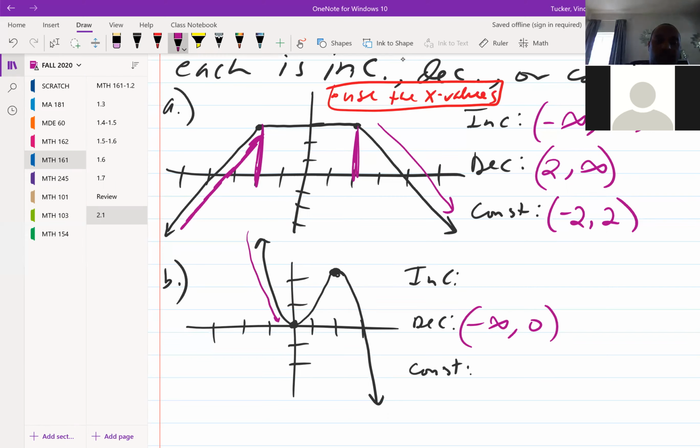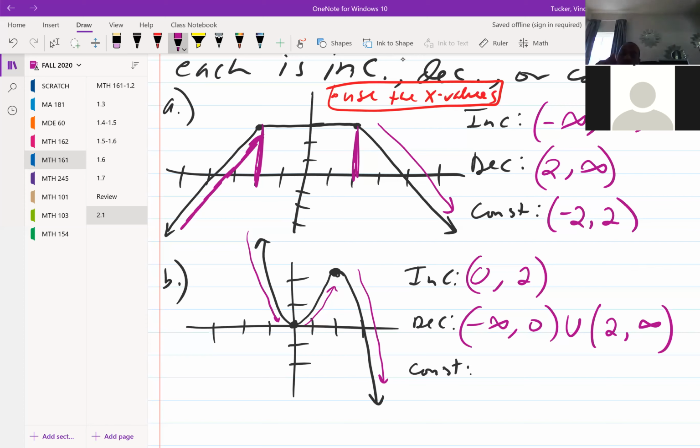Then I'm going up from 0 to 2, so that's increasing from 0 to 2. Then I'm going back down from 2 to positive infinity, and that's decreasing. If we have more than one interval in one category, we use a union sign, and that'll be 2 to infinity. And that would be none for constant.